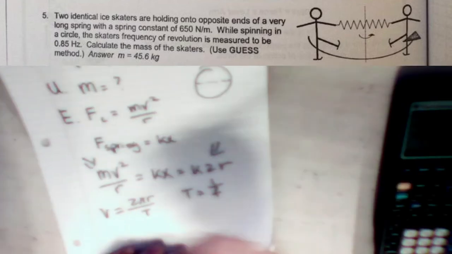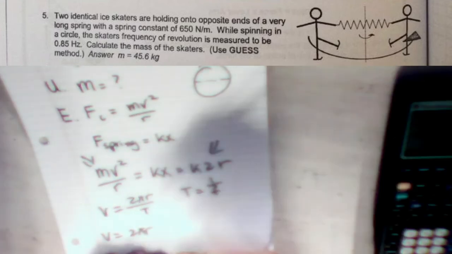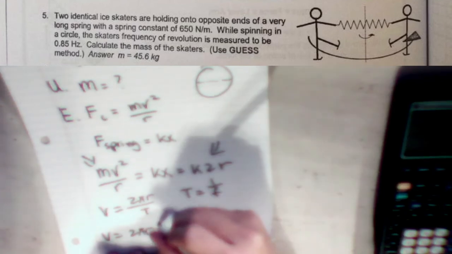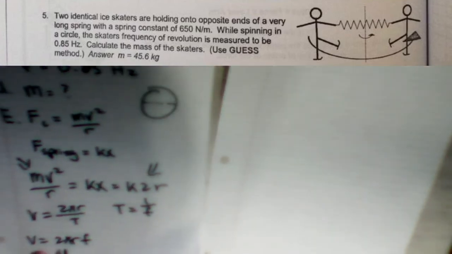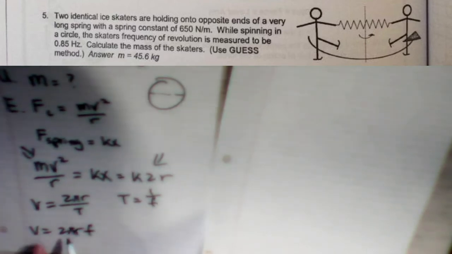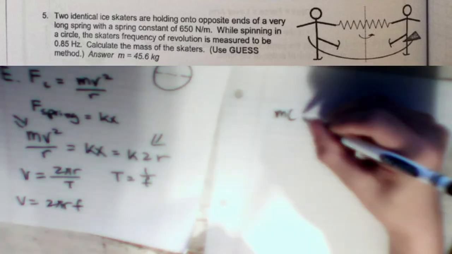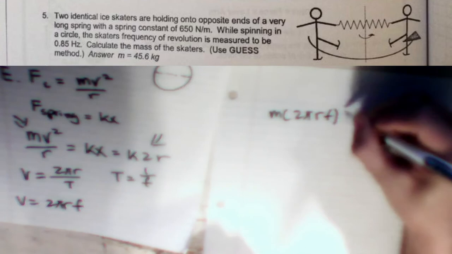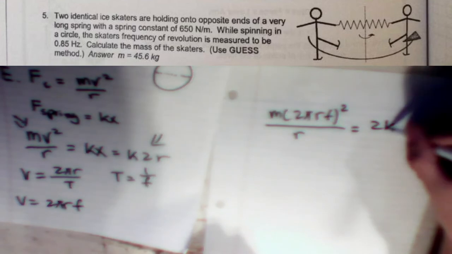So therefore you know that velocity is also equal to 2 pi r times frequency. And I'm going to move this over to another page now. So knowing this velocity right here, we're going to plug this velocity into the first equation. Sorry about that. m times (2 pi r f) squared over r is equal to 2 k r.